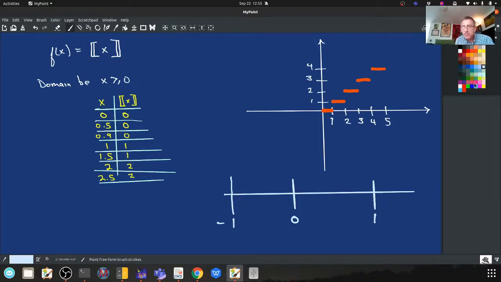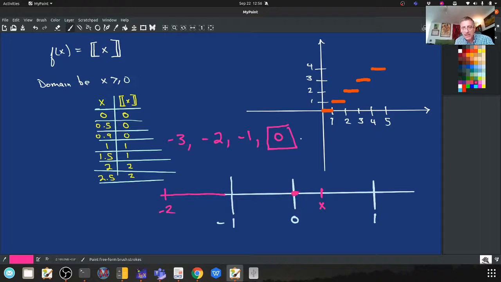So let's suppose my x input value is right here. So the greatest integer less than x. Well, let's look at the integers less than x. 0 is an integer less than x. Minus 1 is an integer less than x. If I extended this out, minus 2 is an integer less than x. So amongst this list that goes on forever, we take the greatest one.